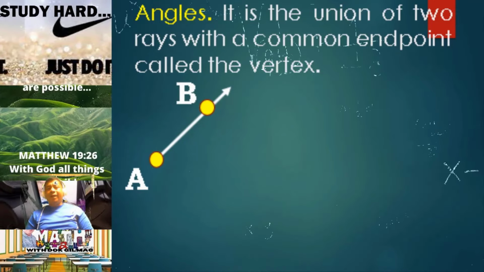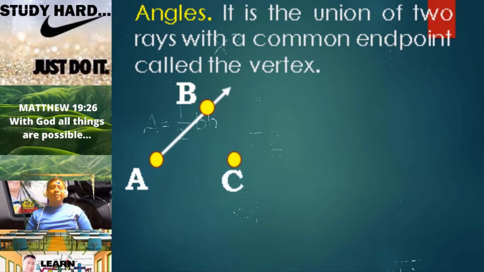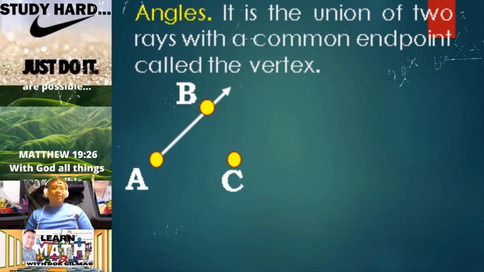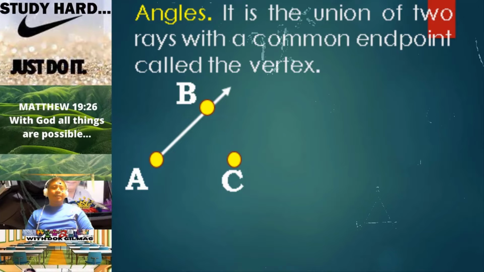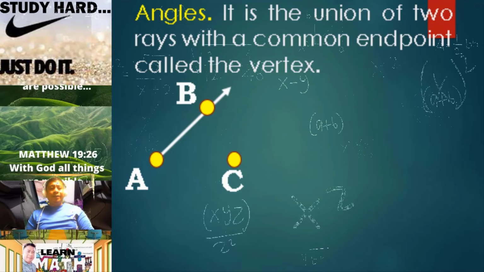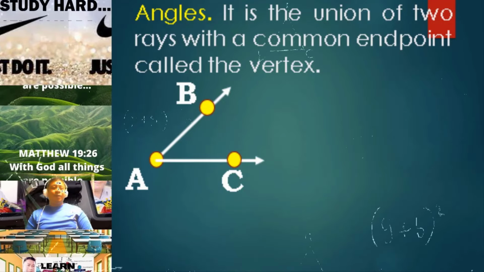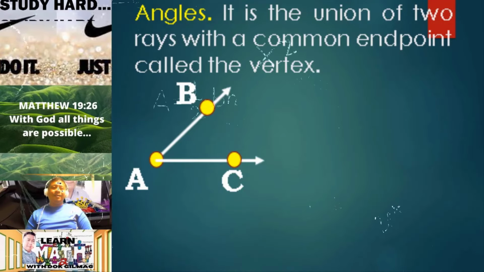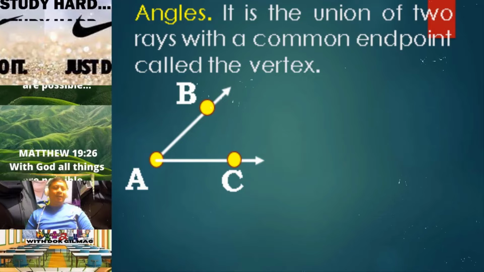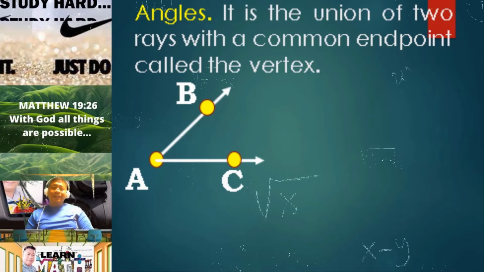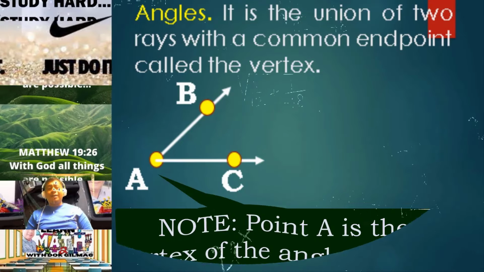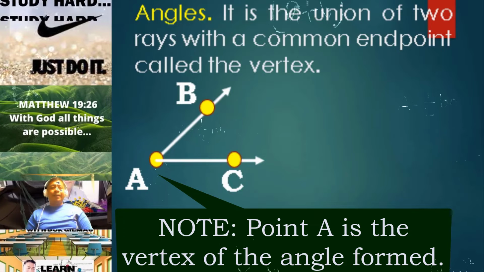Consider again point A and we have point C here. Connecting these 2 points A and C, wherein point A will be the endpoint, we have here ray AC. As you can see, these two given rays here, ray AB and ray AC, form an angle.